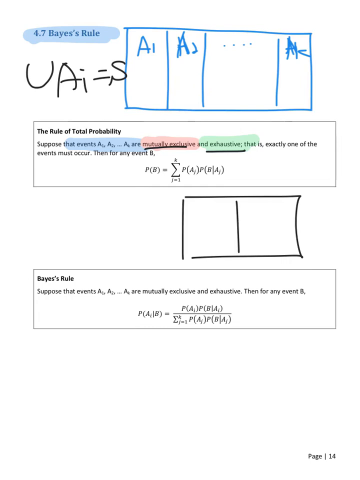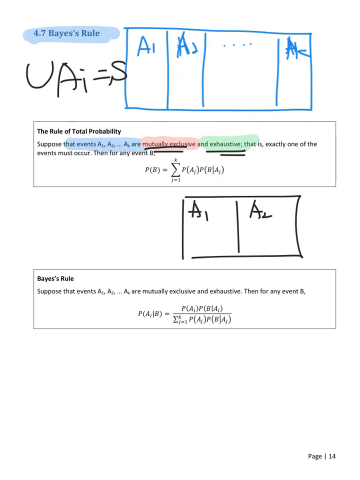Before we had an example, 40 students: 17 male, 23 females. Only two groups, male and female. So now I can say A1 is male, A2 is female. The A's are mutually exclusive and exhaustive. Can you understand what mutually exclusive and exhaustive mean?